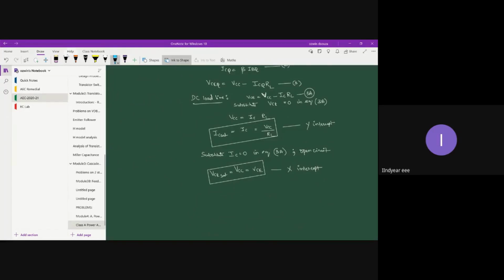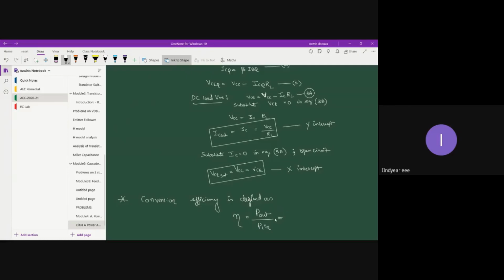Now let us get into the expression for conversion efficiency. To find the expression for conversion efficiency, first let us define the efficiency. Conversion efficiency is defined as the ratio of power output to power input.